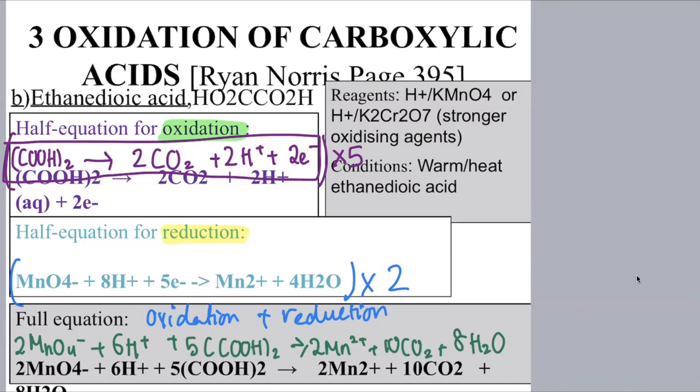This reaction, the oxidation of diethanoic acid by manganate, is actually catalyzed by Mn2+, which is the product. The moment you produce Mn2+, the reaction speeds up. So this is what we call autocatalysis.